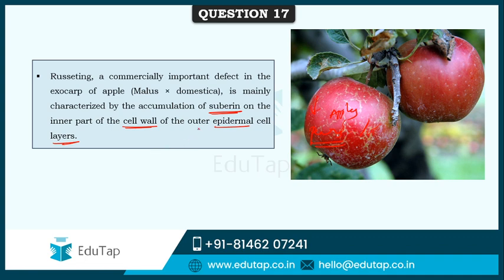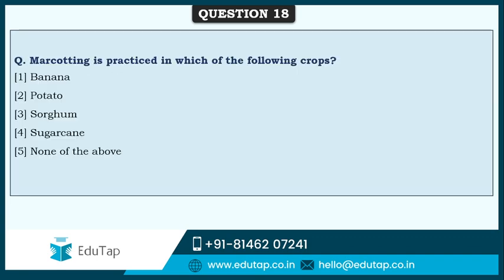Generally in Malus domestica, this is visible in the exocarp, that is the epidermal layers of the skin of apples. So this is about russeting.